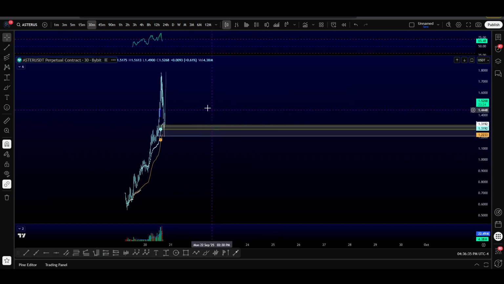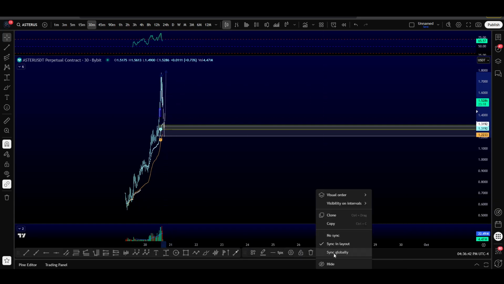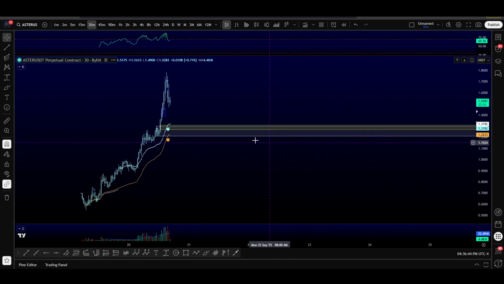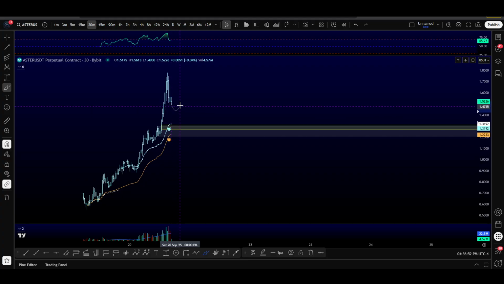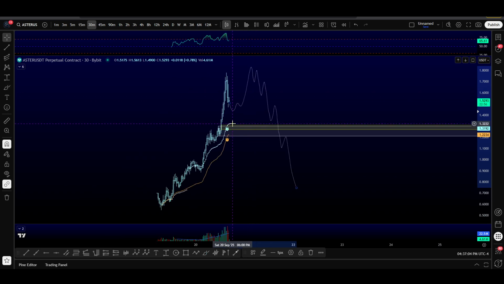If we zoom out a little bit here, let's go ahead and hide this really quick. I'll probably make another video on this in a few days just to update on the price action. Nothing about this looks bearish at all. I would consider this bearish if we happen to make a new high, price comes down, backtests again, and then we start getting a bearish market structure here, then even losing this low, then things get really bearish and I don't know how far down it can go.